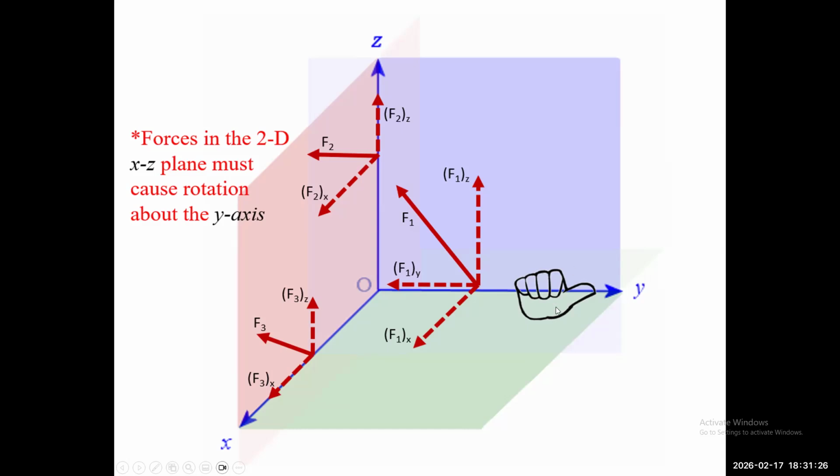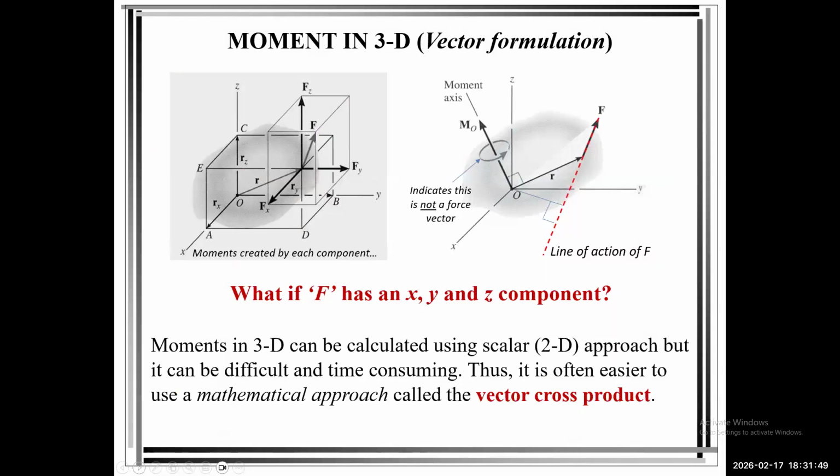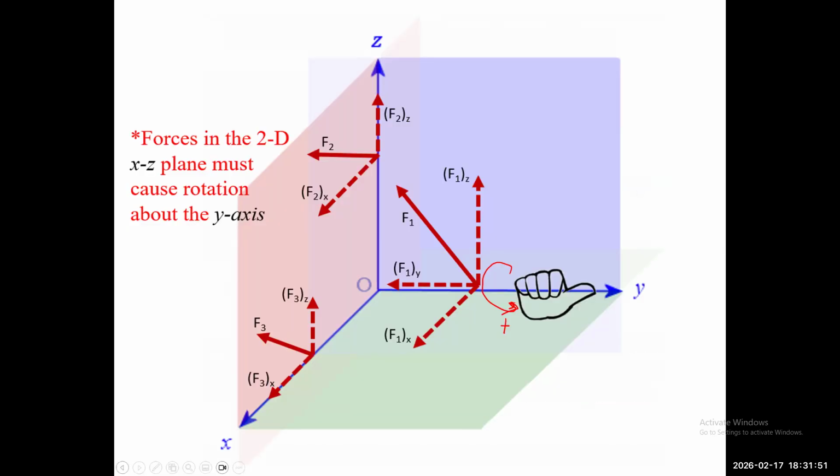See your hand, your big thumb is there, and your fingers will show you the sense of rotation. Your sense of rotation is this way. Can I draw it? So you'll have something like that coming around. That's your sense of rotation, positive. So that's what's happening in that plane. What about the next plane? Did I skip one? I may have.